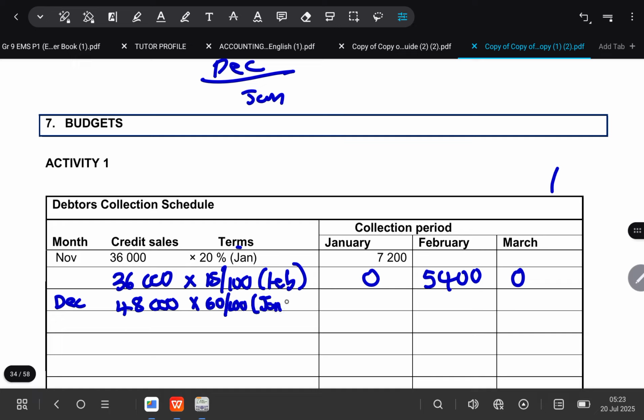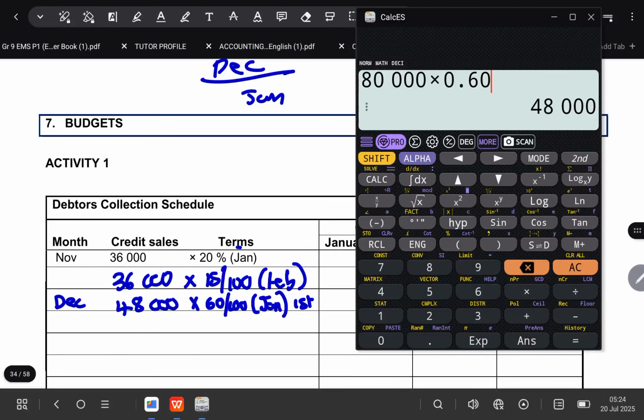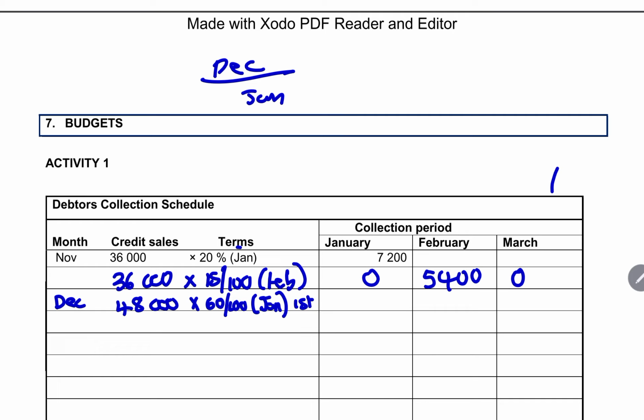Remember, this is for the first month. I will indicate that it is for the first month, right? Next I check the policy. Let's calculate quickly: 48,000 multiplied by 0.60 is going to give you 28,800. Remember, you are putting it here, 28,800. Now next we are going to go to the second month.